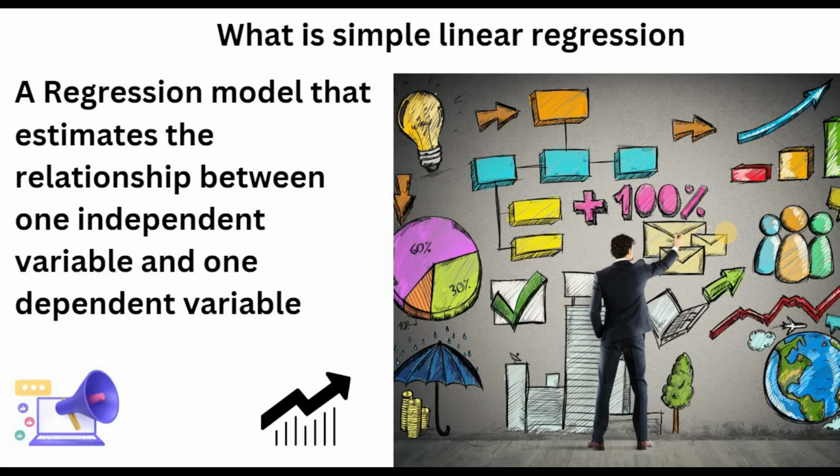Like in the case of sales as the dependent variable and advertising as the independent variable. In simple linear regression we estimate the relation between one independent variable and one dependent variable.